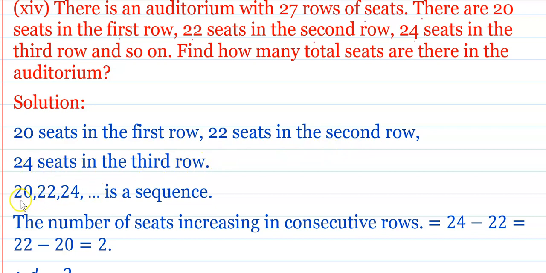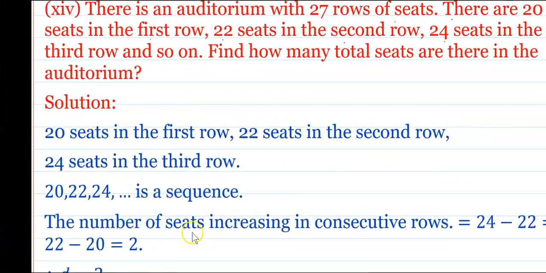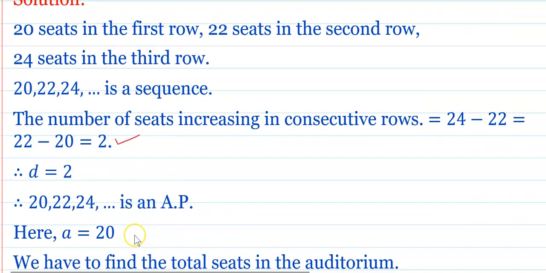The sequence is 20, 22, 24. The number of seats increasing in consecutive rows is 24 minus 22, 22 minus 20, that is 2. D is equals to 2. 20, 22, 24 is an AP.